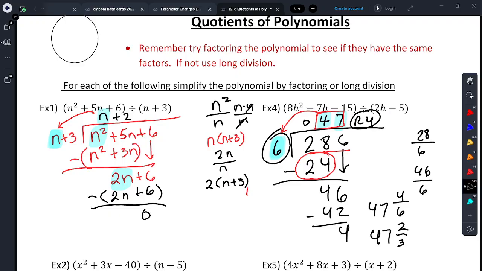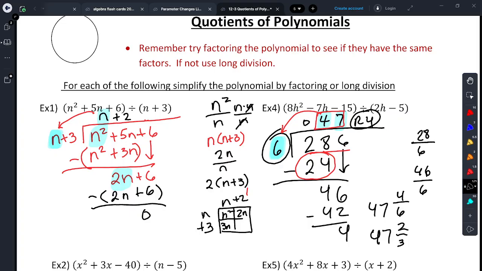Can I check this? How? If I Punnett square n plus 2 times n plus 3, I should get n squared plus 5n plus 6. Let's see. n times n, n squared, check. 2 times n, 2n. 3 times n, 3n. What's 2n plus 3n? 5n, which is check.